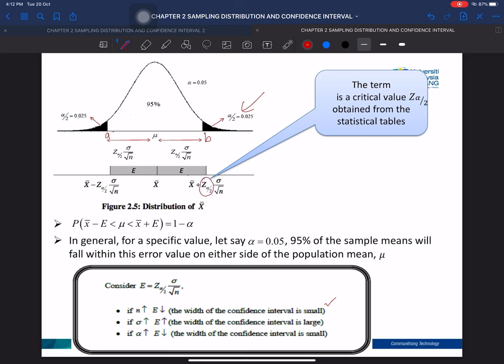As I said in video 2.1, the distribution depends on what parameter we estimate. The value for your distribution will be obtained from the statistical table. That's why, from this chapter onward, you need to have your own statistical table, so that when we say find the value of Z alpha over 2, you know where to refer in your statistical table.